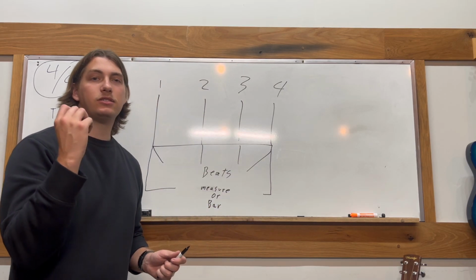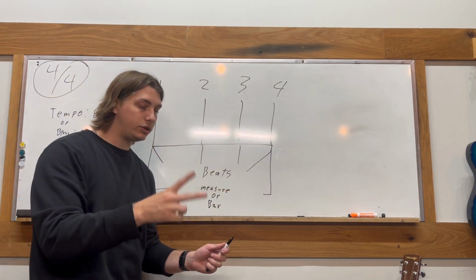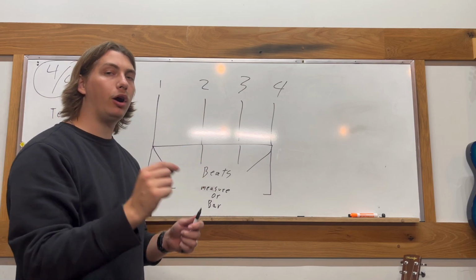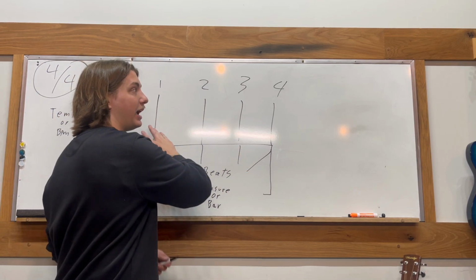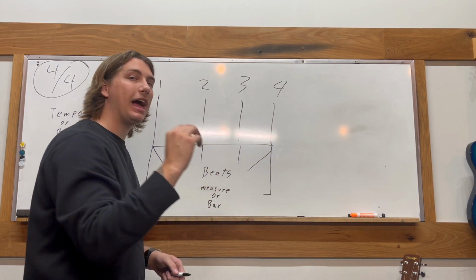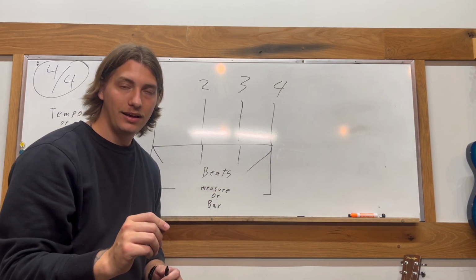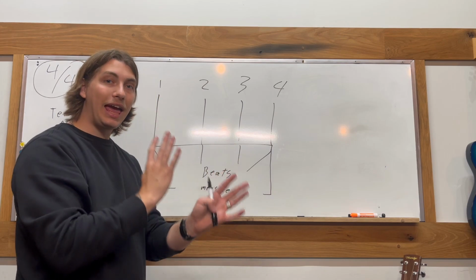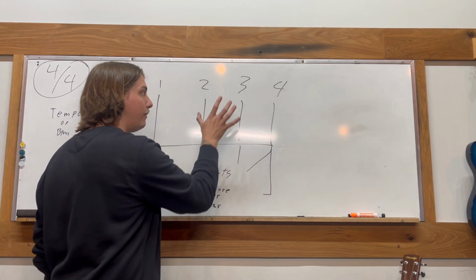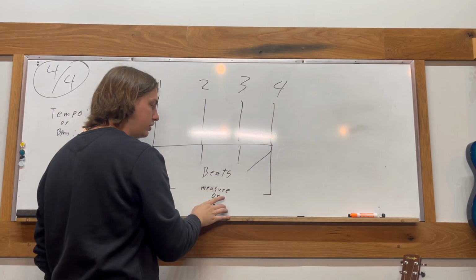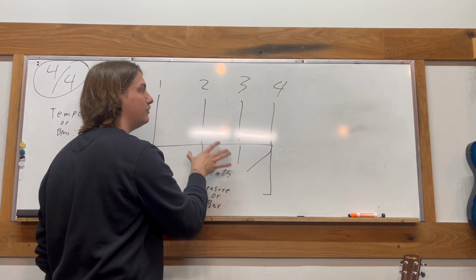How many bars is that? That's 2 bars because I counted to 4 two times. But how many beats was that? It was 8. So it was 2 measures or bars, but it was 8 beats.